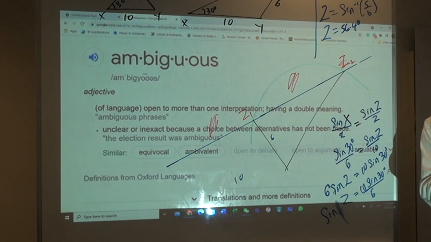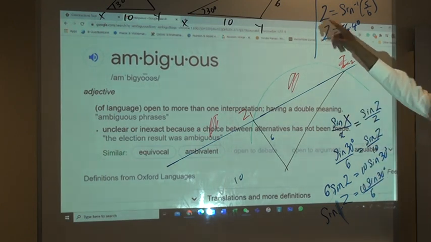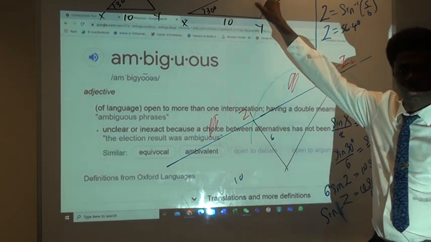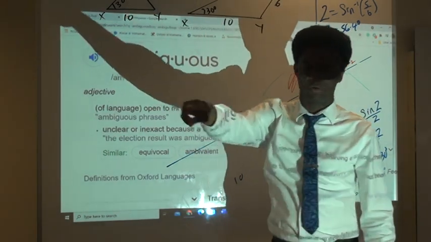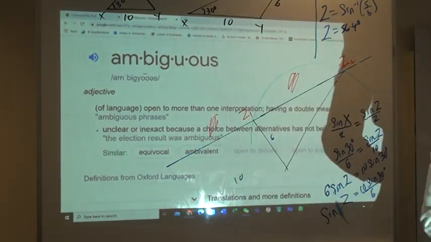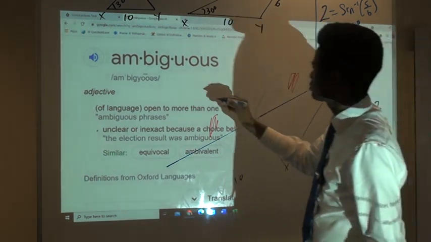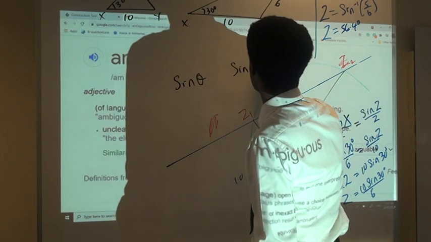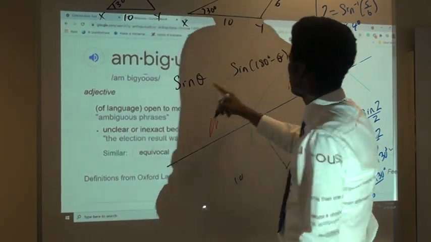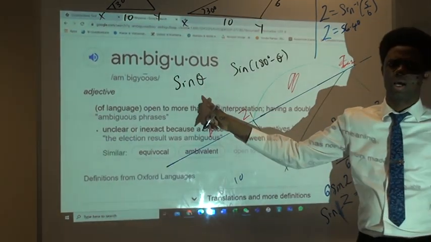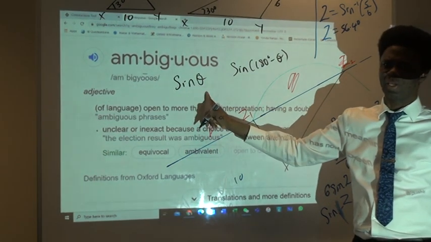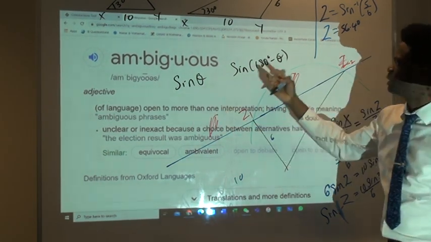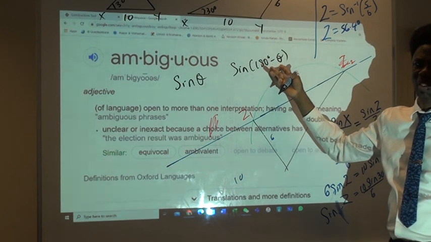And I will show you one by playing one example. Now, we got 56, which is this one. So the question now is, how do you get this one? I want to show you something. Bring out your calculator. Sine theta, sine 180 minus theta. Pick any theta of your choice. I need you to pick an angle less than 90 and do 180 minus that same sine.